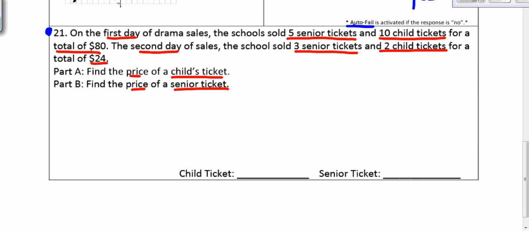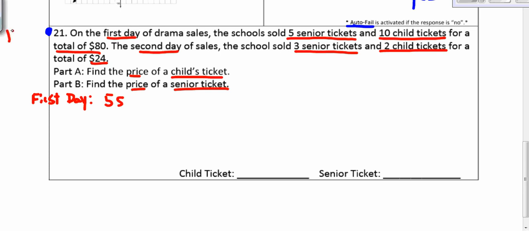Good. So, the first day, we're going to put the first day here. All right, we are going to put the 5 senior tickets, 5S.